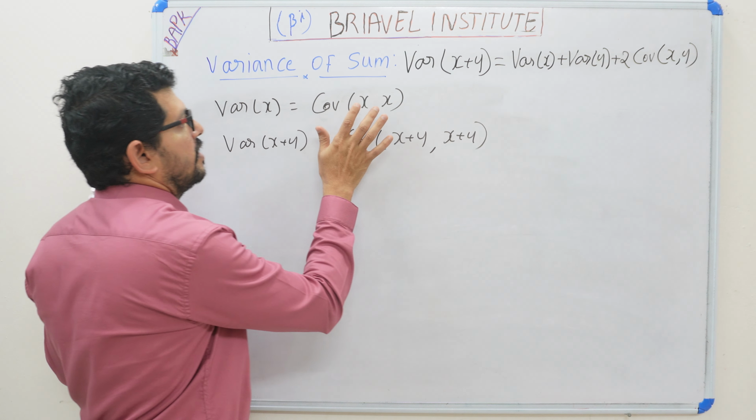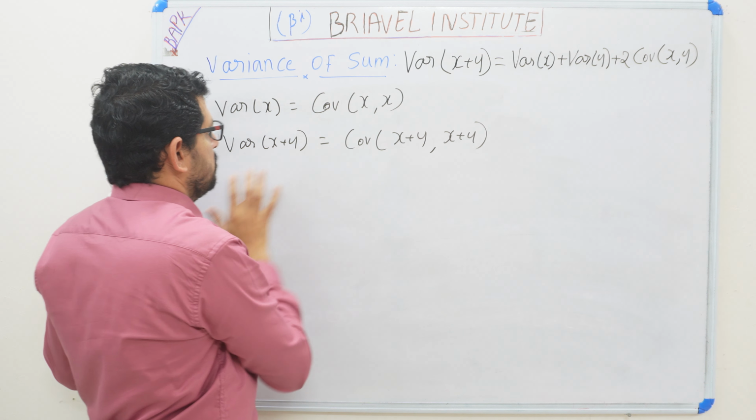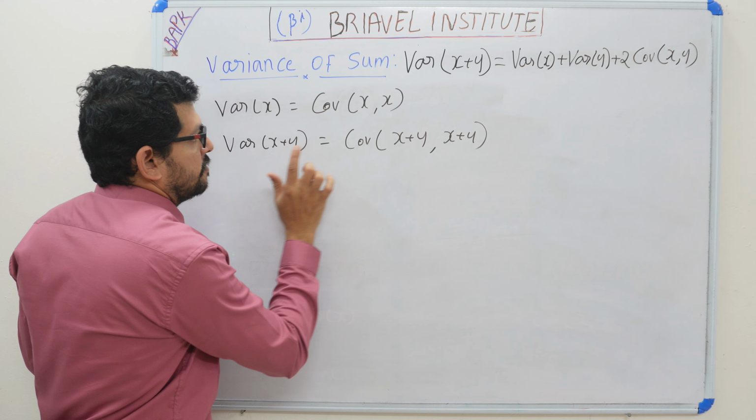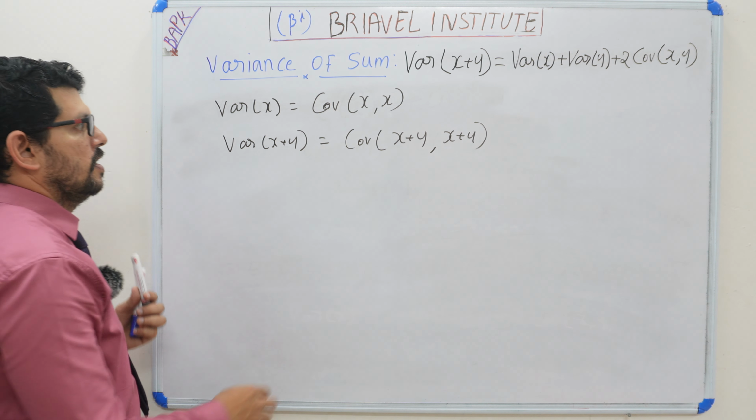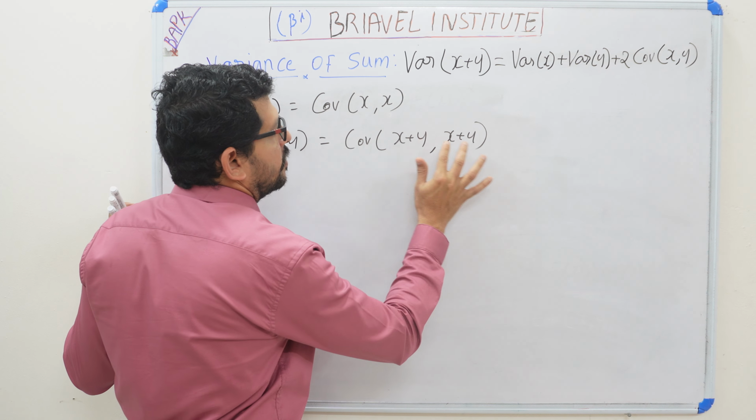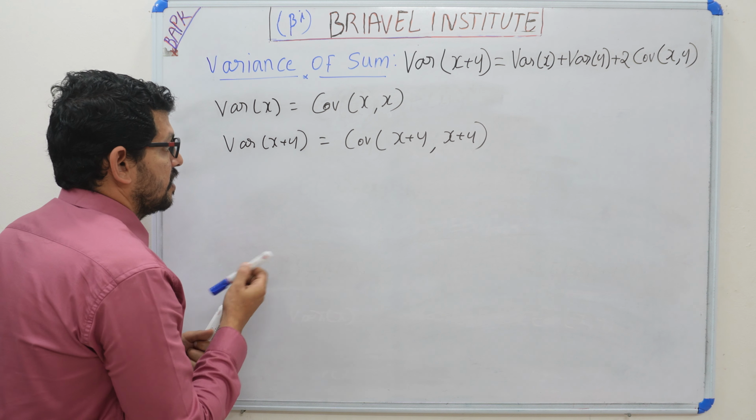Variance of x, we can write covariance of x, x. Same way, variance of x plus y, writing x plus y, x plus y. Now you see the covariance formula, x plus y and x plus y, we can write like that.